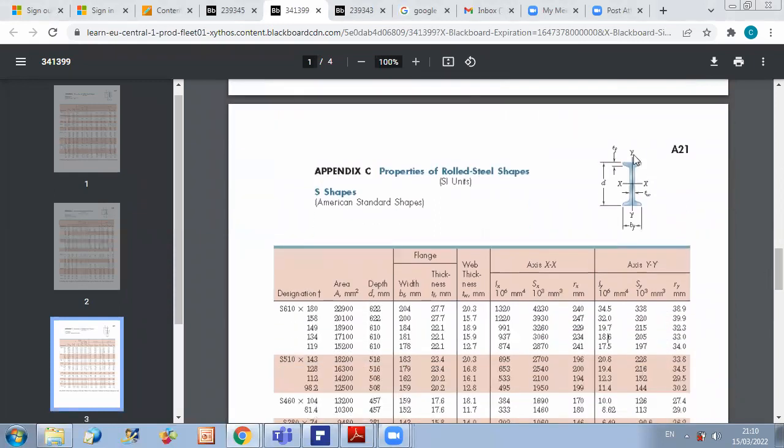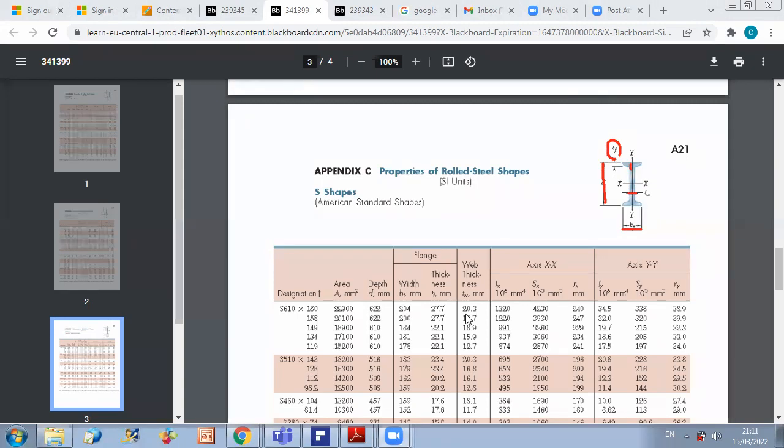It will be a little bit different in geometry, and it's characterized also by different geometrical parameters: the thickness here, the depth D, also the width B here, and the thickness at this level. So same concept, but it's a different geometry than the previous one. S shapes refer to American standard shapes of beams.